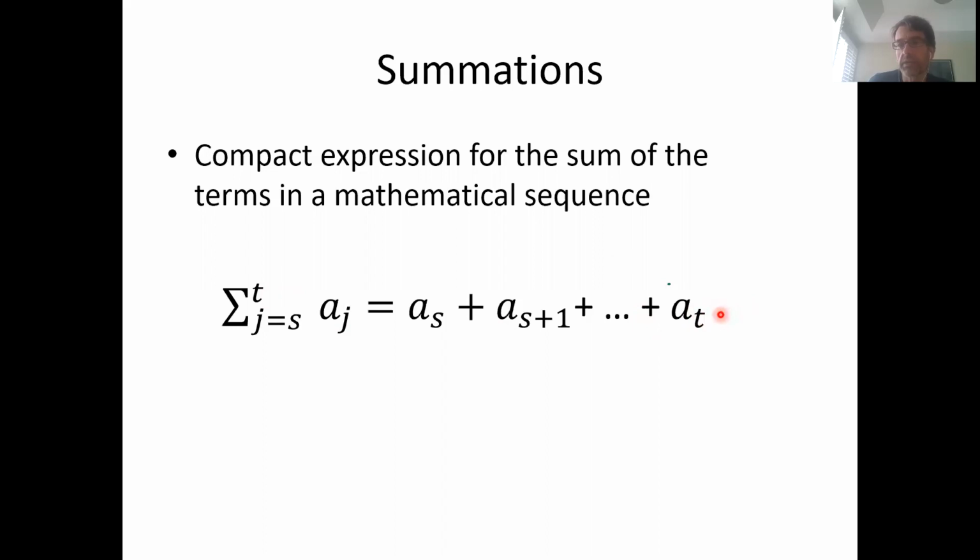And we will not have such sequences in this class, I don't believe. But if you define this aj as, say, 1 over 2 to the j, then this thing will have a limit.